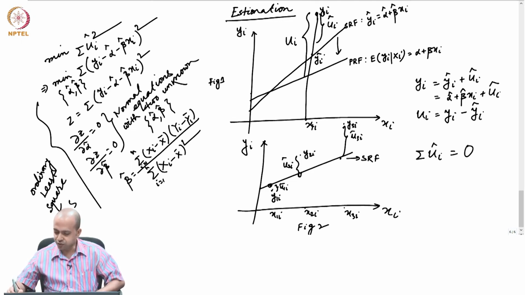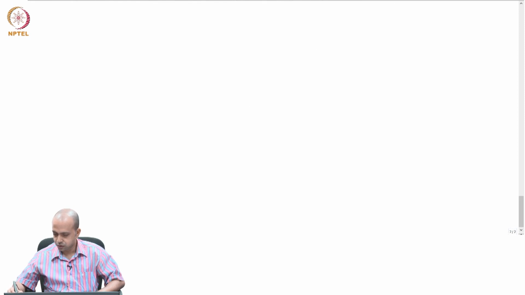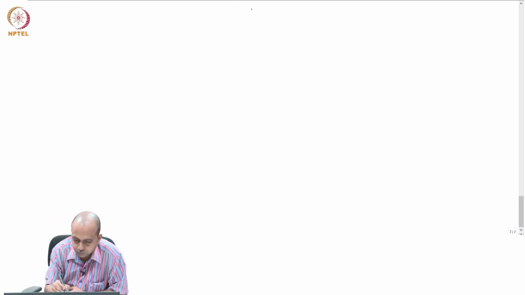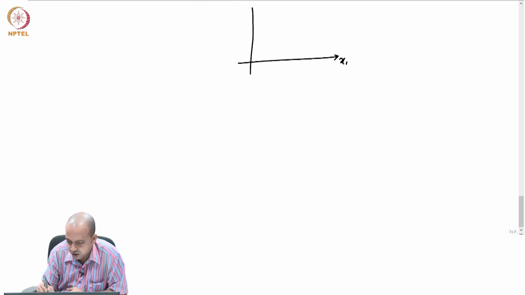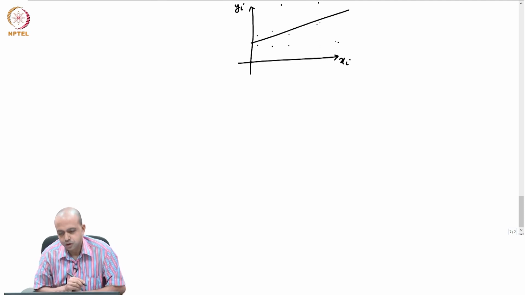Now, a couple of things that we need to remember here. When we minimize this, this is xi, yi, this is your line, and let us say these are all my error terms.